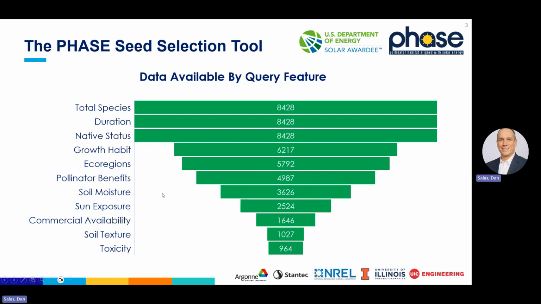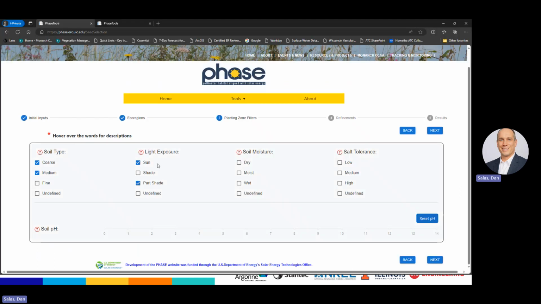And so if we want to include those blank values in our query, we want to select undefined in our query. If we want to exclude those and really keep it to just those that we have information for, then we can just select the ones that we have here. So in this case, I'm going to select the undefined as well, so I include those null values.